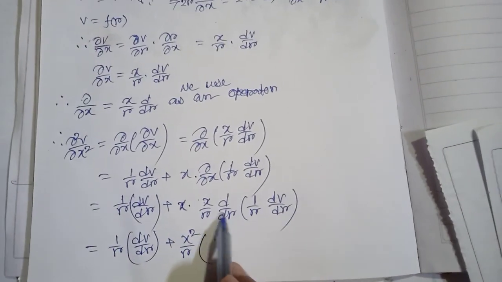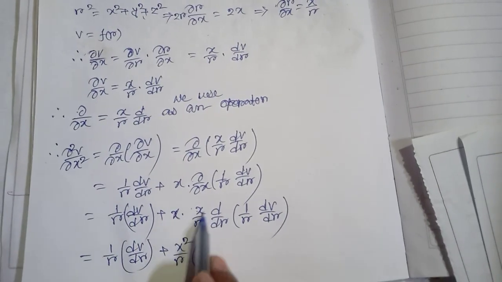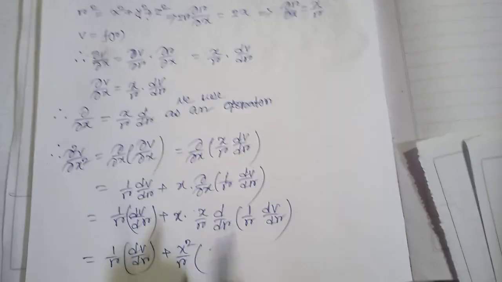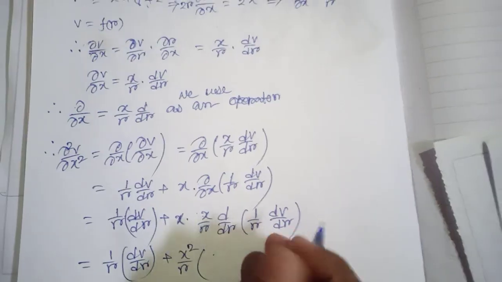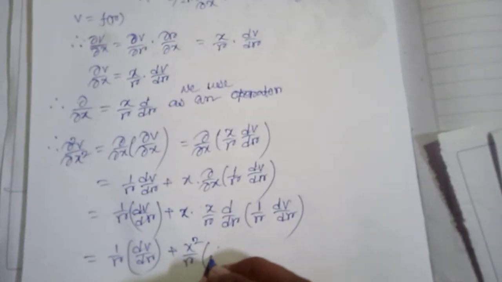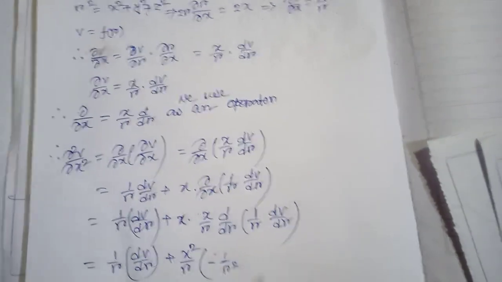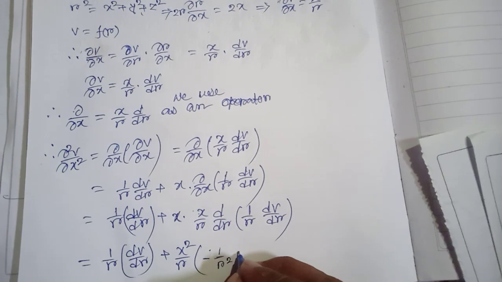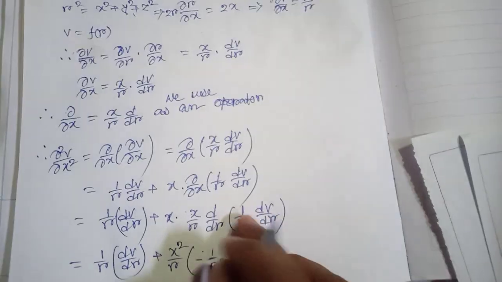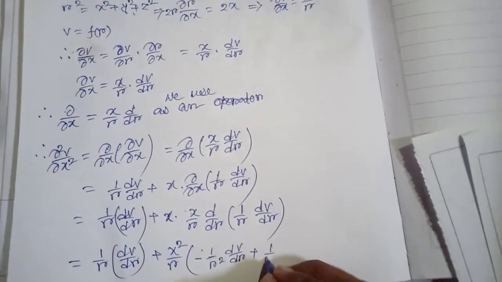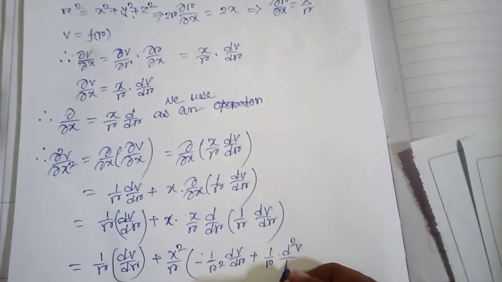Then, differentiating with respect to r, at first differentiating 1 by r, we get minus 1 by r², and this is dV/dr, plus, differentiating this, 1 by r into d²V/dr².